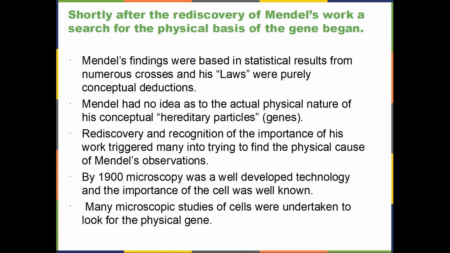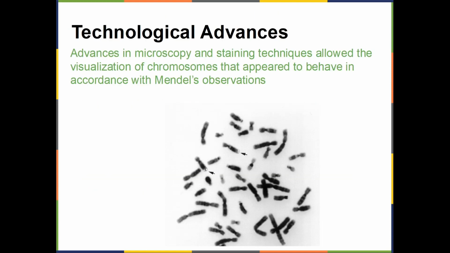Now, by 1900, we had a new tool under our belt, the microscope. And you'll recall from our meiosis and mitosis discussions that there is a particle that is visible in a microscope that is part of the hereditary process, and that structure is a chromosome.